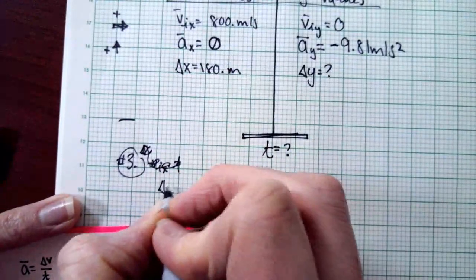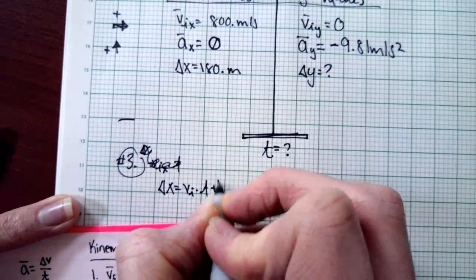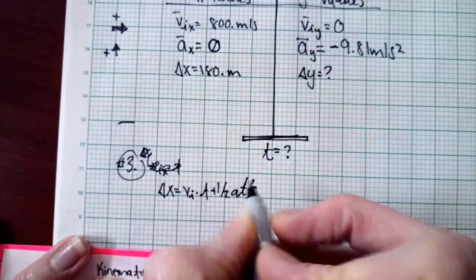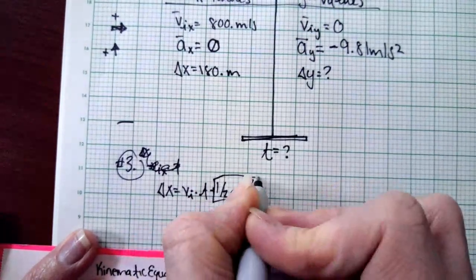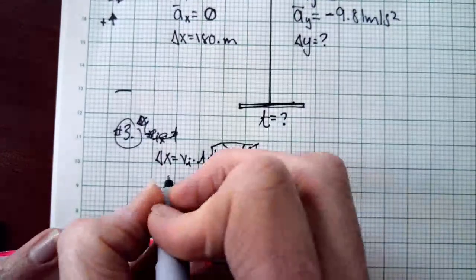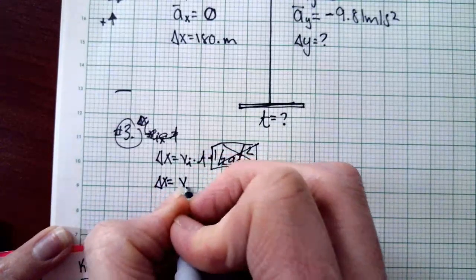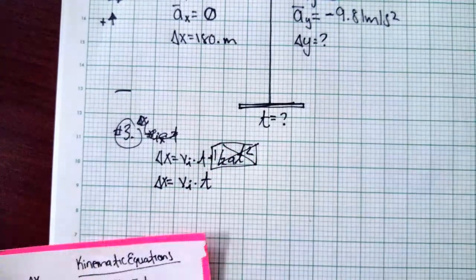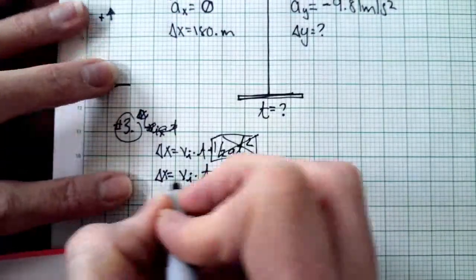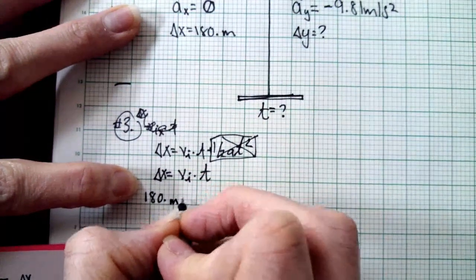Delta x is equal to v initial times time plus 1/2 a t squared. Because acceleration is 0, this entire part becomes 0, so plus 0 falls off. And I have delta x is equal to v initial times time. I have delta x up here, and I have my v initial up here, so I can plug and chug now. My delta x is 180 meters.